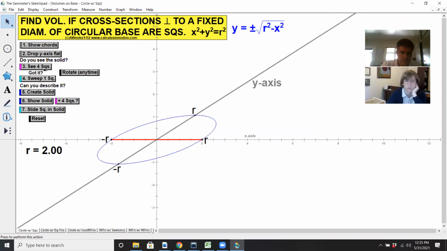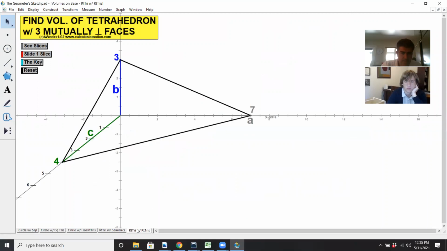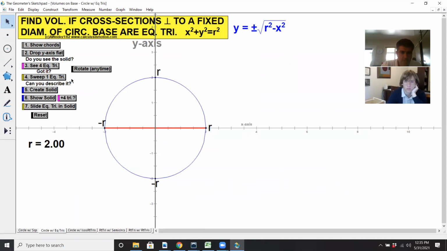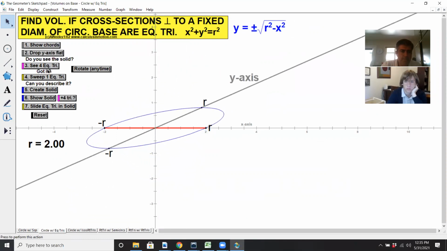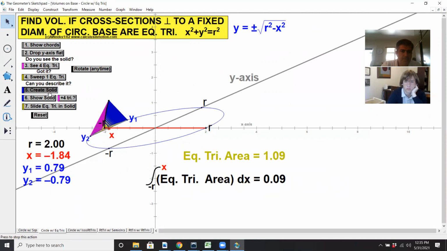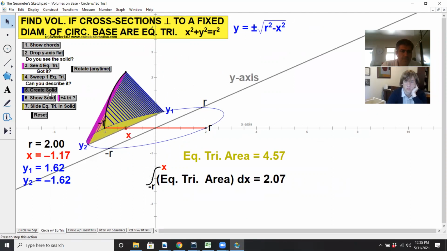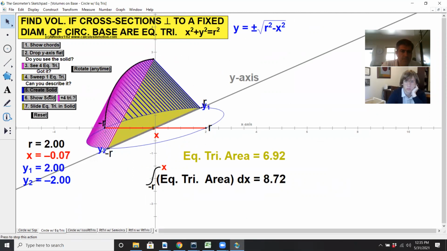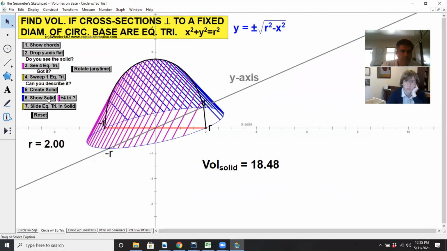Well, I don't really have the best demonstration for you, but yes, you have these triangles, and the combination of triangles forms some funky solids.